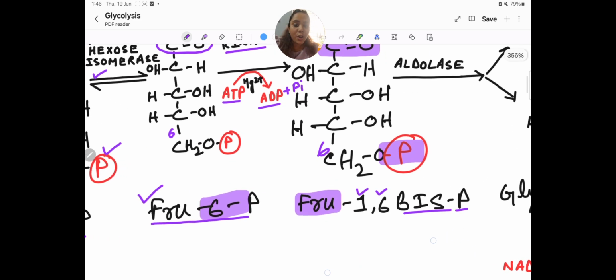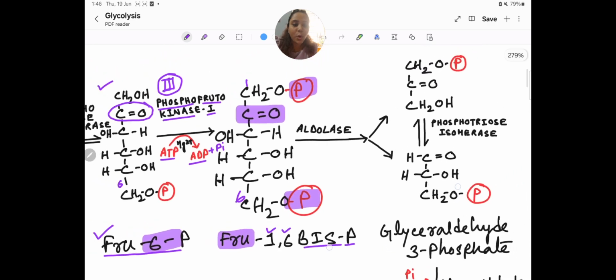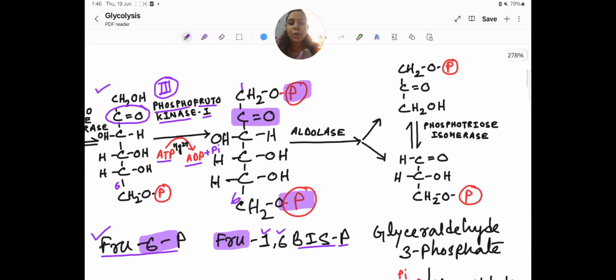Okay, now a very important thing happens in the 4th step. What happens in the 4th step? From fructose 1,6-bisphosphate, we will cleave this compound into two 3 carbon compounds. So from where will we split it?